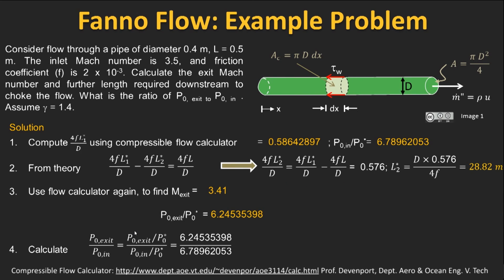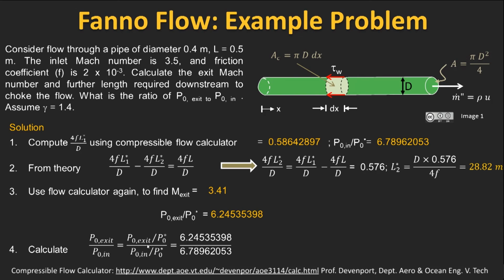Alright, so the next step, we are asked to calculate the ratio P naught exit to P naught in, which can be written as P naught exit by P naught in equals P naught exit over P naught star divided by P naught in divided by P naught star.